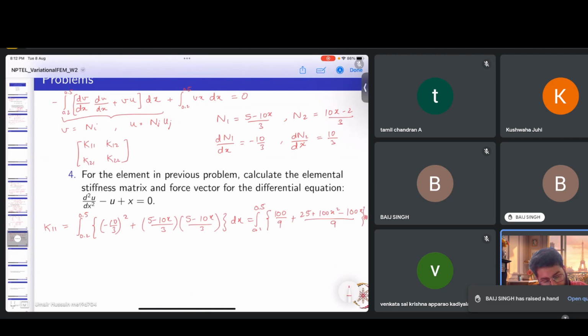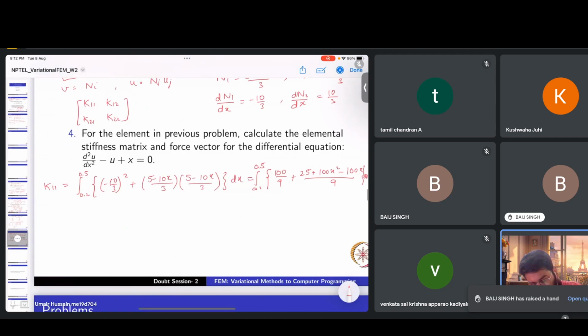So that is our integral. We have 125 minus 100x plus 100x squared per 9. So you pretty much get the idea, right? We'll save some time and leave it here. So this can be calculated.